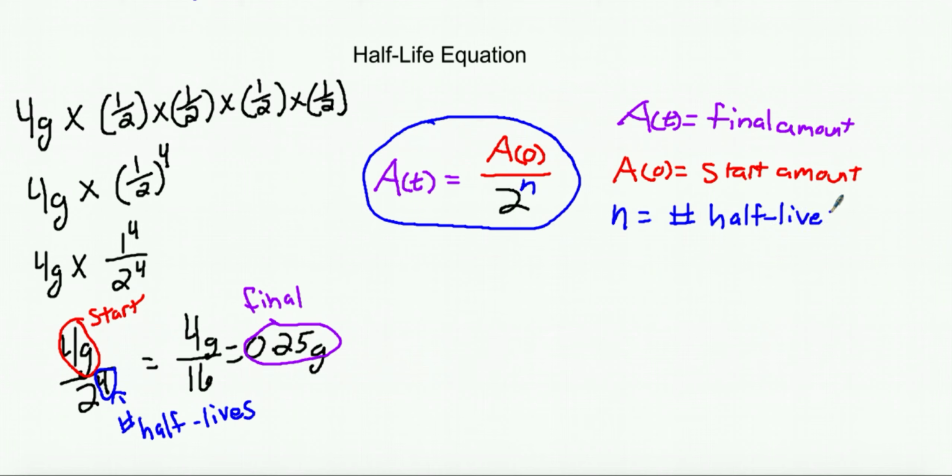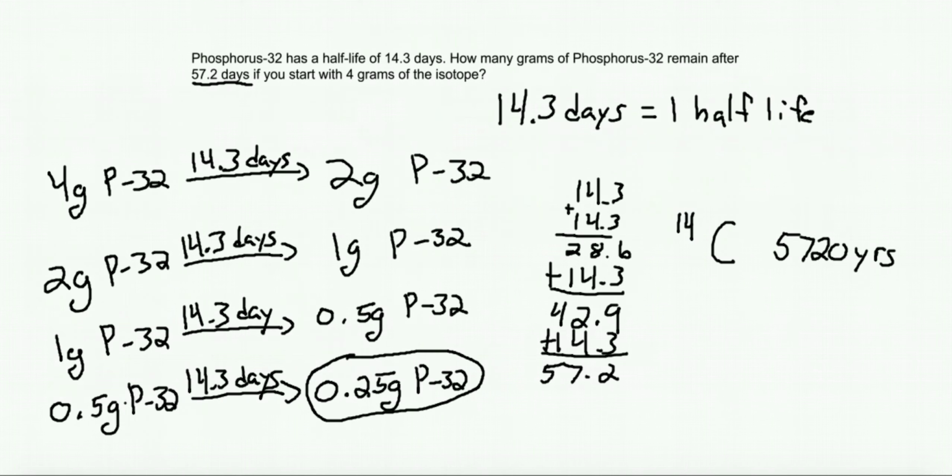And then we can actually rewrite our n. Going back here, we saw that our n was 4 because we knew that we wanted 57.2 days to pass by, and each half-life was 14.3 days.